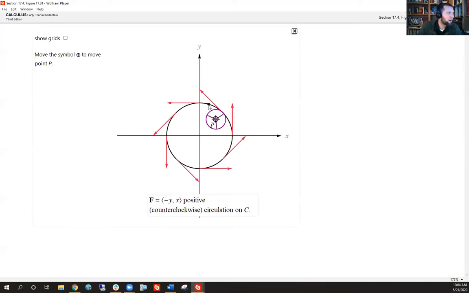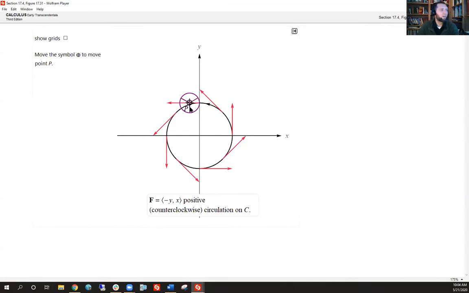And notice the red vectors represent the vector field f equals negative y comma x along that unit circle. And so notice as we go along, our wheel is spinning all the way along the curve, and it's always spinning the same direction. And so we could ask, what's the total circulation? How much is it spinning altogether when we go around the path?